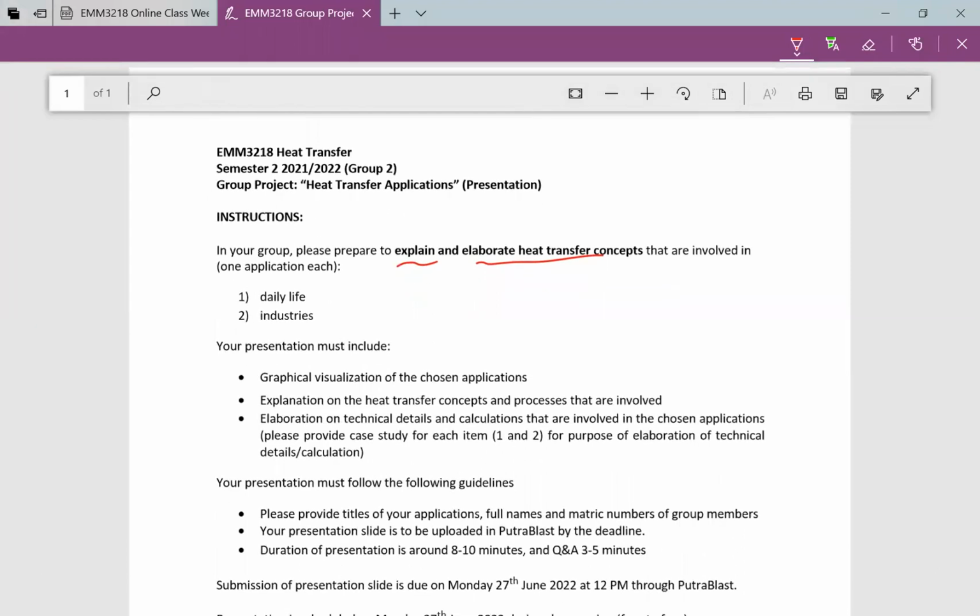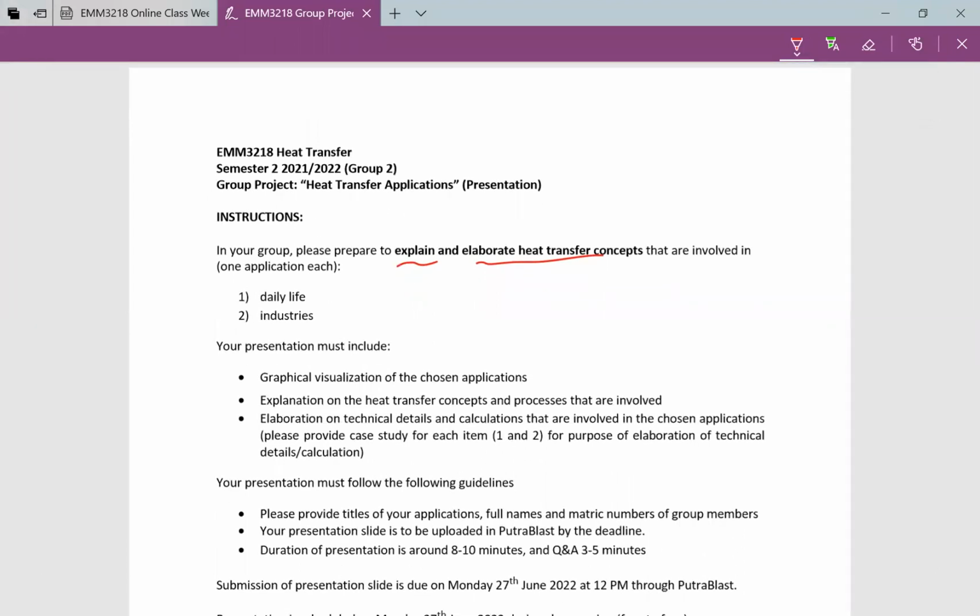In order to explain the heat transfer concepts, you need to study and prepare in your group about heat transfer applications involving two aspects. The first one is daily life. Daily life is basically anything. It doesn't have to be related to technology.